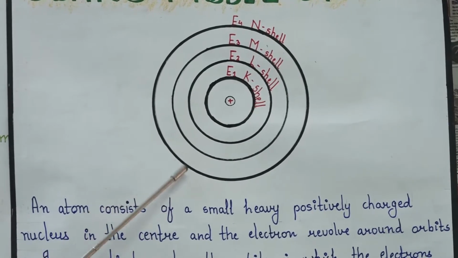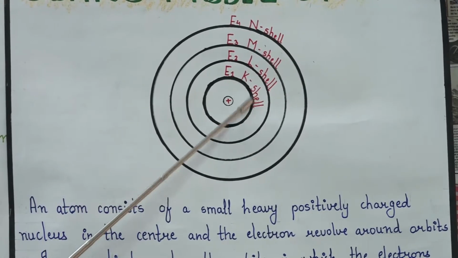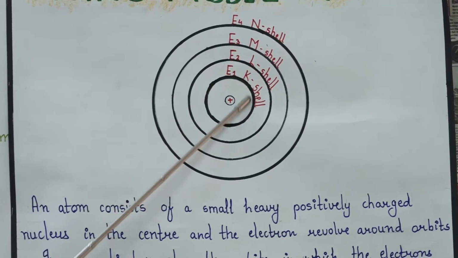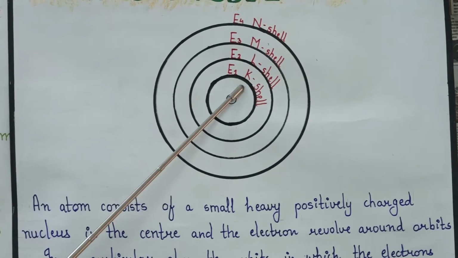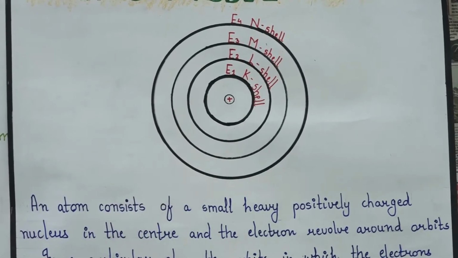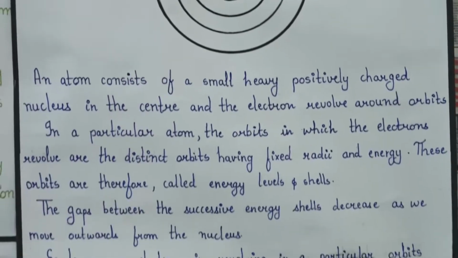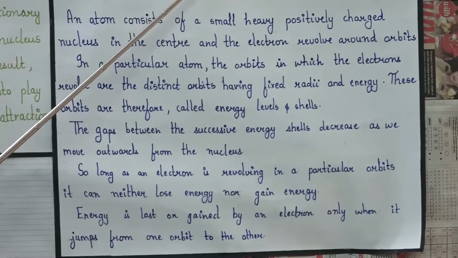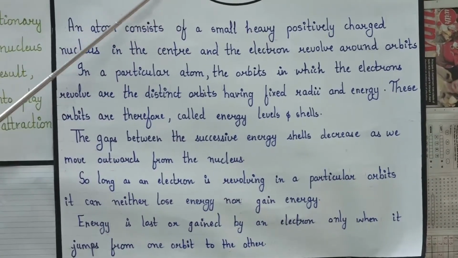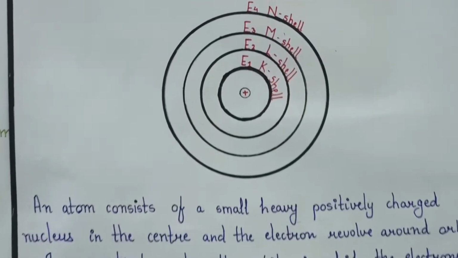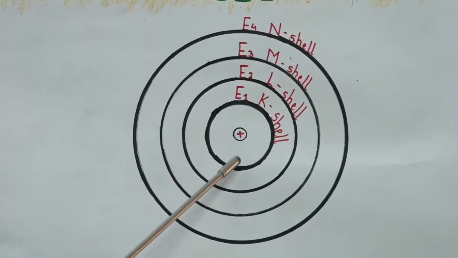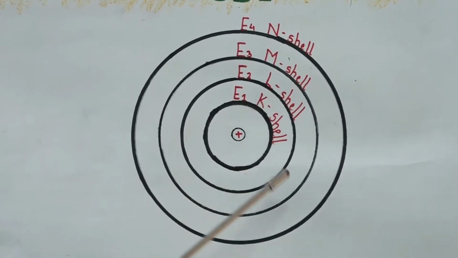So, as long as an electron is revolving in a particular orbit, it can neither lose energy nor gain energy. Thus, the atom is stable and does not collapse. Energy is lost or gained by an electron only when it jumps from one orbit to the other.